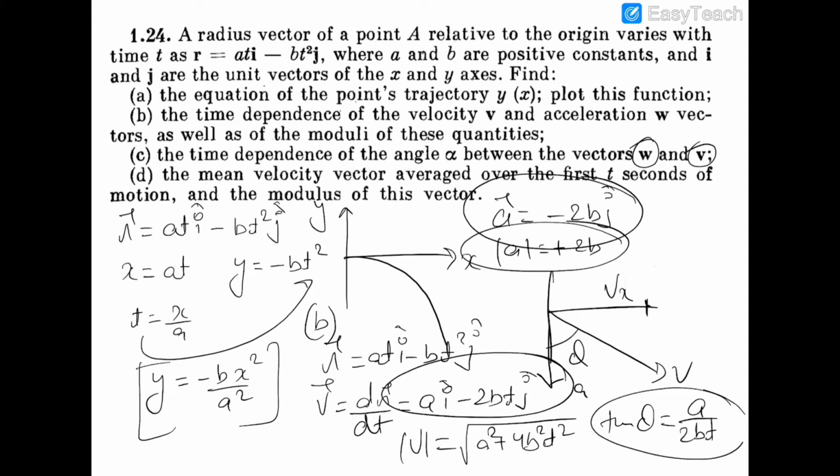And in the d part, we have to find out the average velocity averaged over the first t seconds of the time. Now if we talk about the average velocity, then average velocity would be equal to the change in position vector upon time taken.